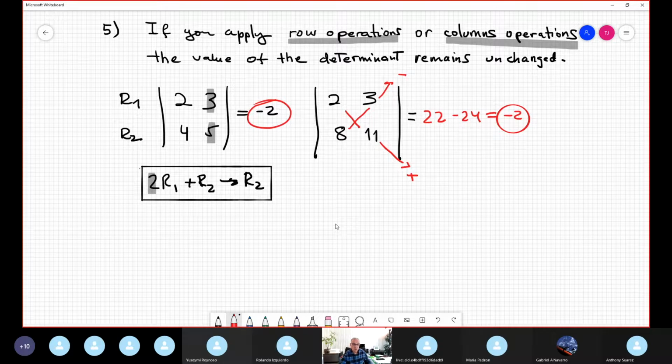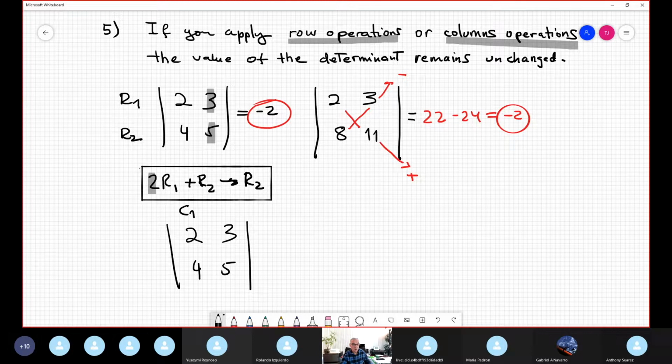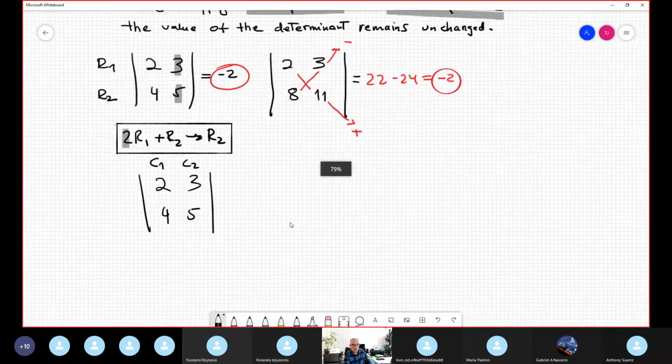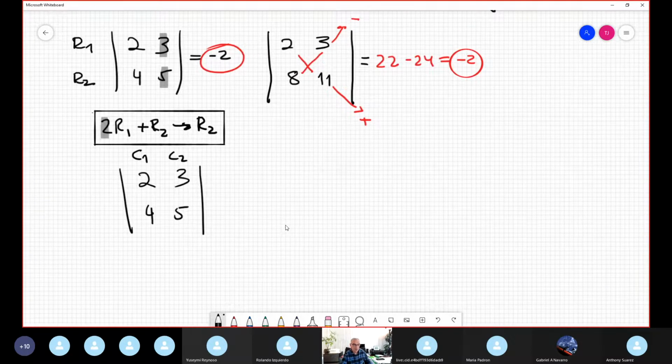Okay, suppose again the new one, the original is given 2, 3, 4, 5. And now we are working with column 1, column 2. And the operation that I propose you now is, for example, 3 times column 1.